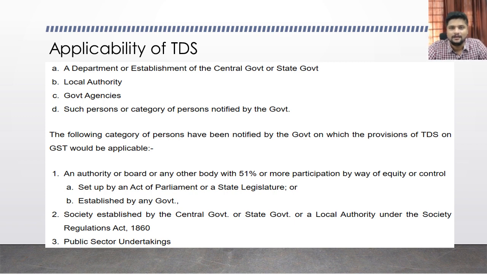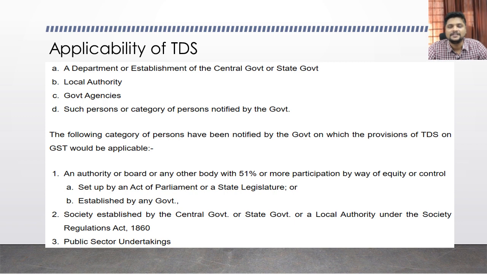The residual clause says that any other persons can be notified. As of now, the following persons are already notified or specified by the government. An authority or board or any other body with 51% or more participation by way of equity or control, set up by an act of parliament or legislature or established by any government.